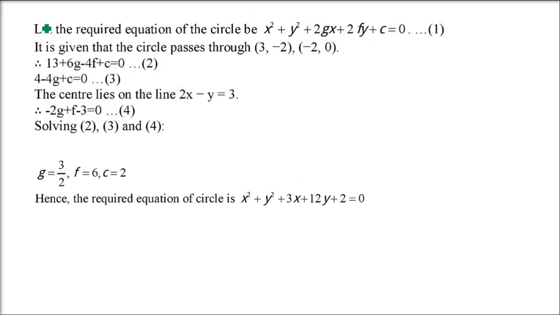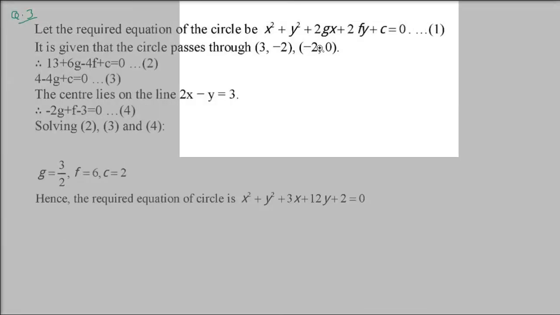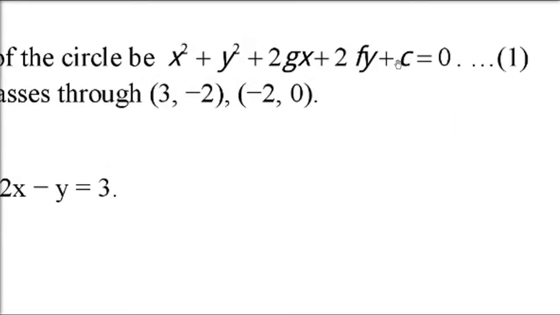Now question number 3 is find the equation of the circle which passes through 3, minus 2 and minus 2, 0 and has its center on the line 2x minus y equals 3. So we have an equation right here. How are we going to go about the solution?